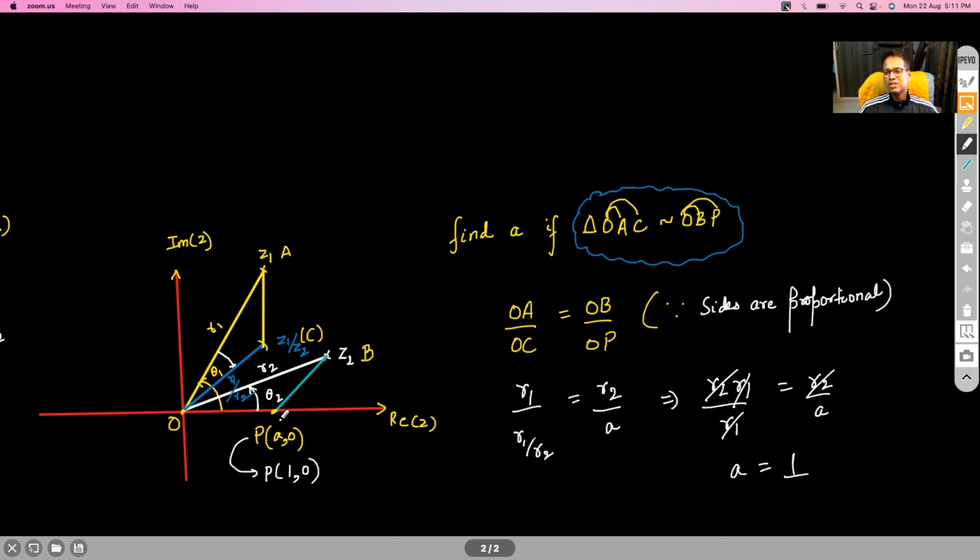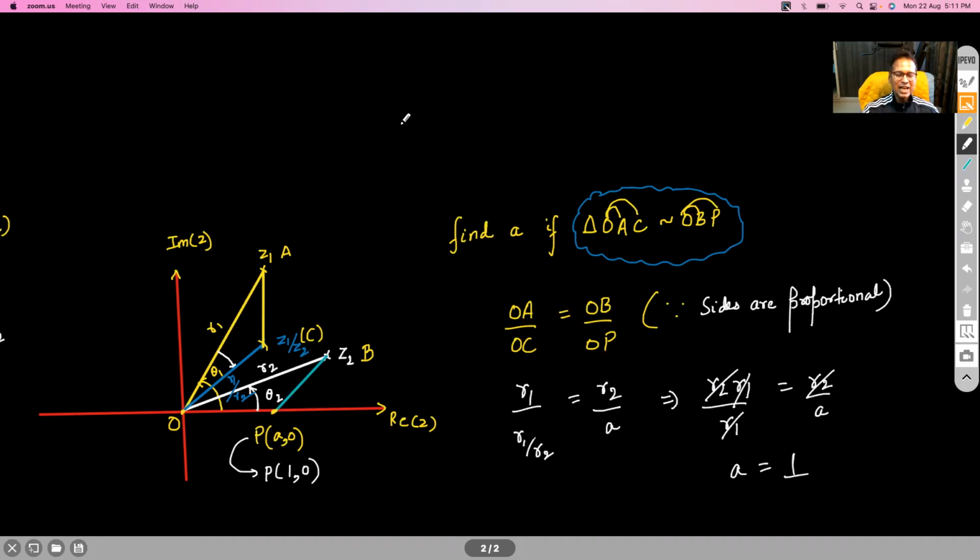So this question was actually asked in one of the competitive exams where they had made this triangle, and they also mentioned that A is Z1, B is Z2, C is Z1 divided by Z2. Find the coordinates of P such that these two triangles are similar triangles. Okay.